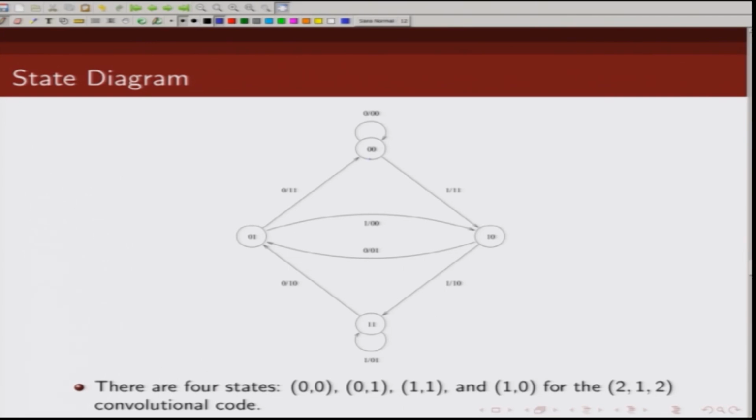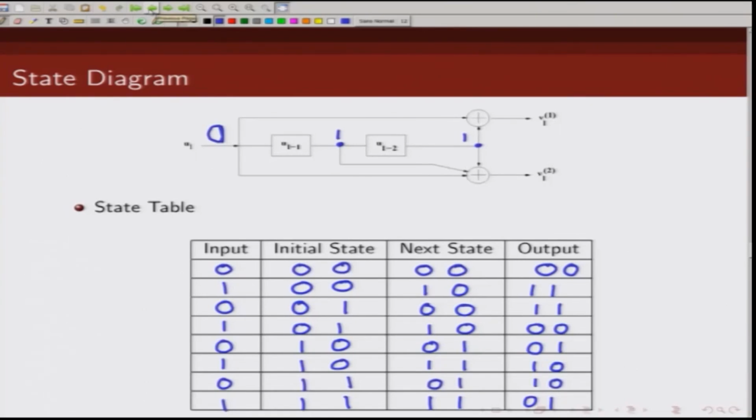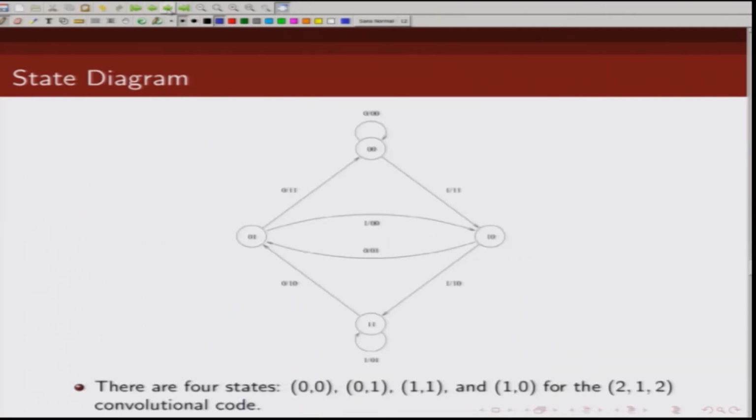So, if you go back and see here, if the initial state is 0 0 and input is 0, it remains in 0 0 state and output is 0 0. So, how do we denote this? Initial state is 0 0, input is 0, corresponding output is 0 0, and it remains in the same state. So, that we are denoting like this.